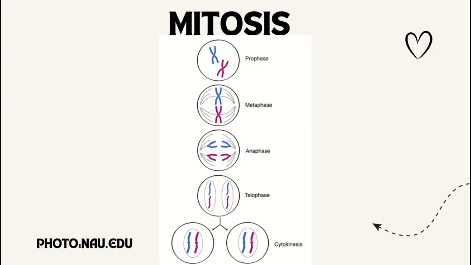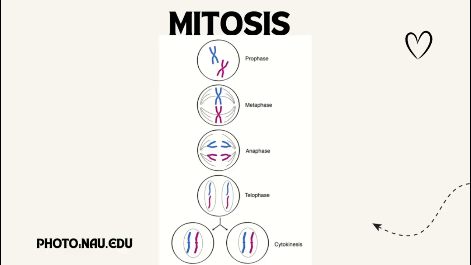The cell is just in there growing, getting ready to divide. So basically in interphase, we're going to have DNA replication taking place. We're going to have the cell growing and then growing some more. That's really interphase, right? So the cell spends a lot of time in that stage.